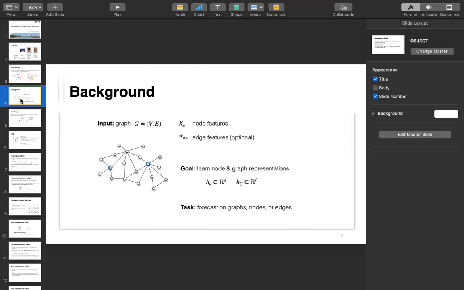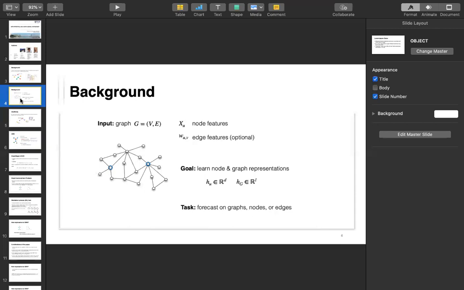And we can also possibly have edge features, which indicate the types of relationship between two nodes. Our goal in studying the graph is to learn node representations or graph representations, so that we can do tasks like node classification or graph classification, etc.